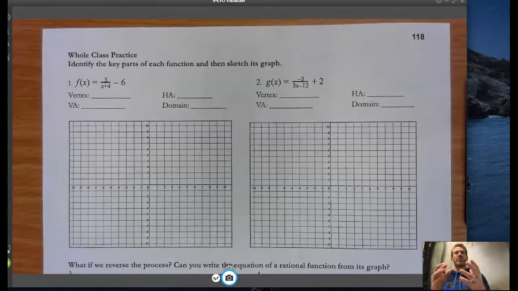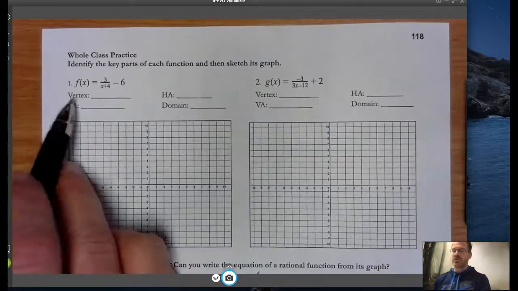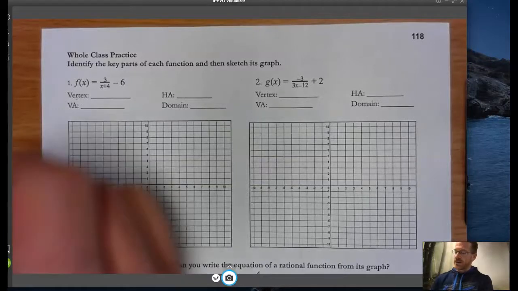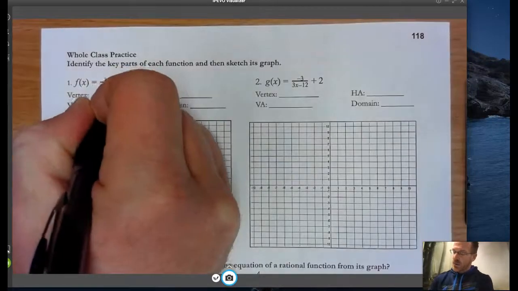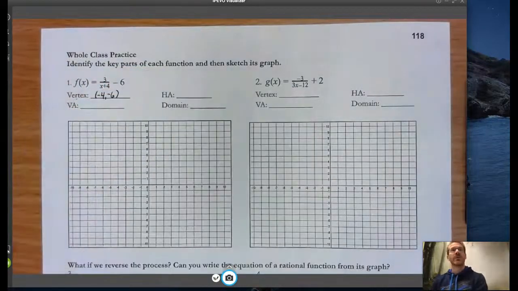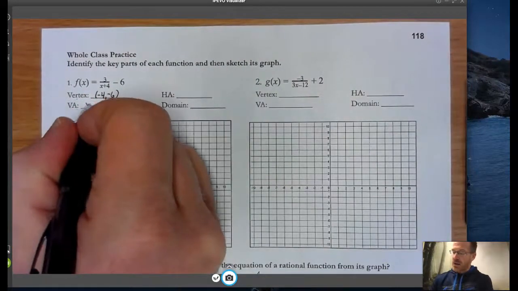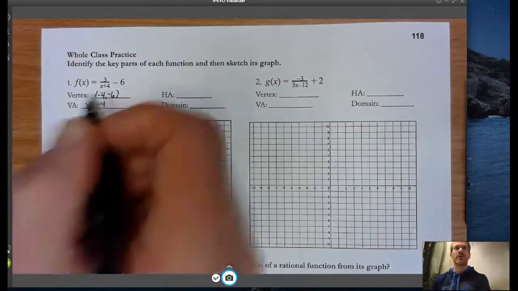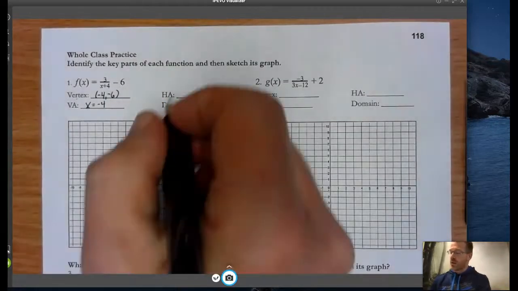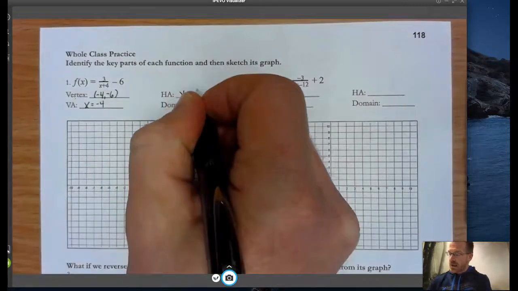All right, so when we look at number 1, that vertex or that center would be negative 4, negative 6. The reason is because our vertical asymptote would be x equals -4, and our horizontal asymptote would be y equals -6.